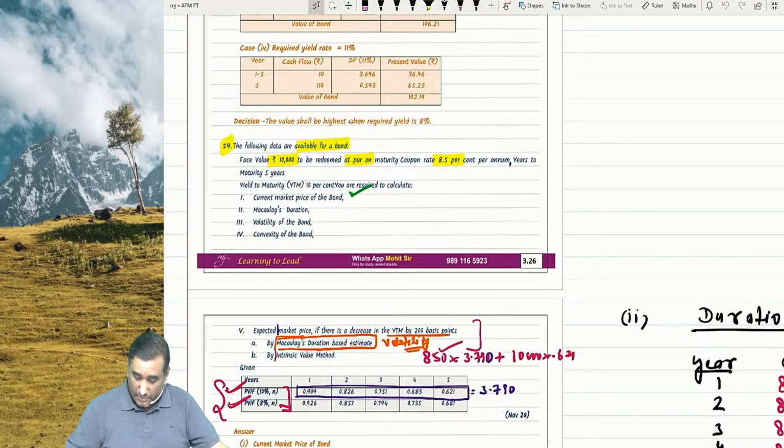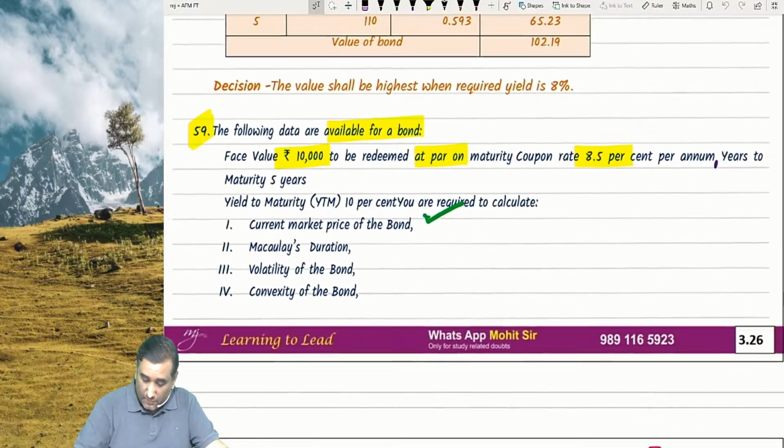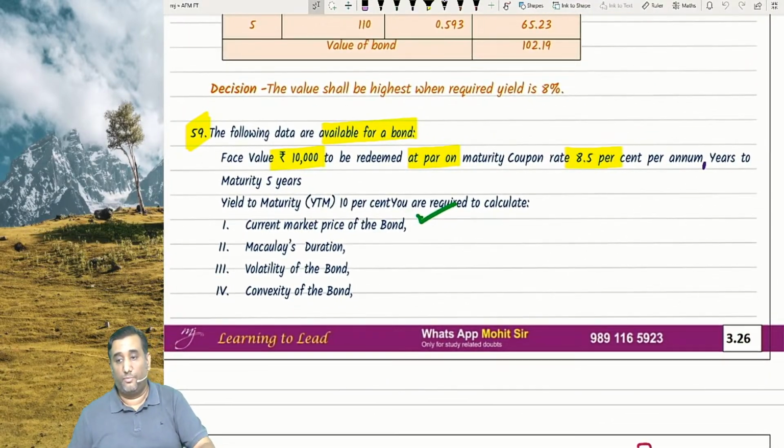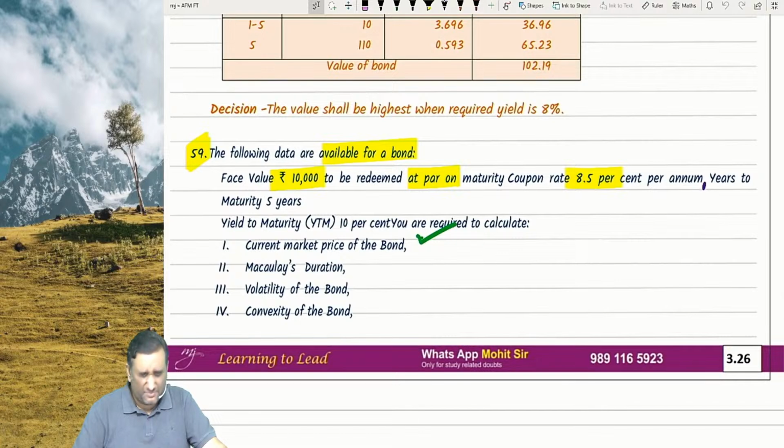You will not have this question in the slides, you will have to refer to my book only. This question came in the exam, November 2020 paper, I think. Now look up please once.